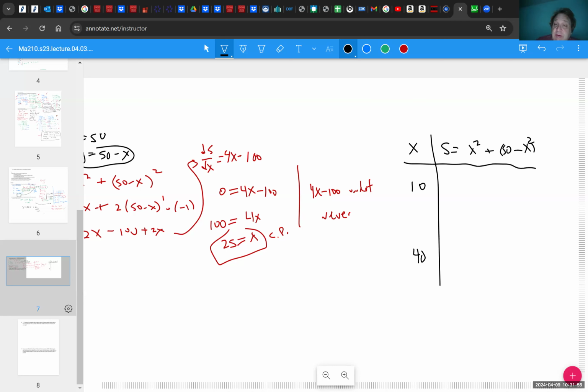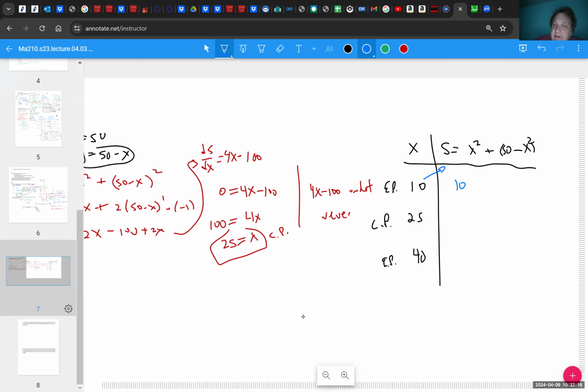And then we have our critical point, 25, in between. So this is our critical point, this is an endpoint, and this is another endpoint, just to help people see what I'm doing. And then I'm just going to plug in all these numbers to find out which is the biggest and smallest for the sum.